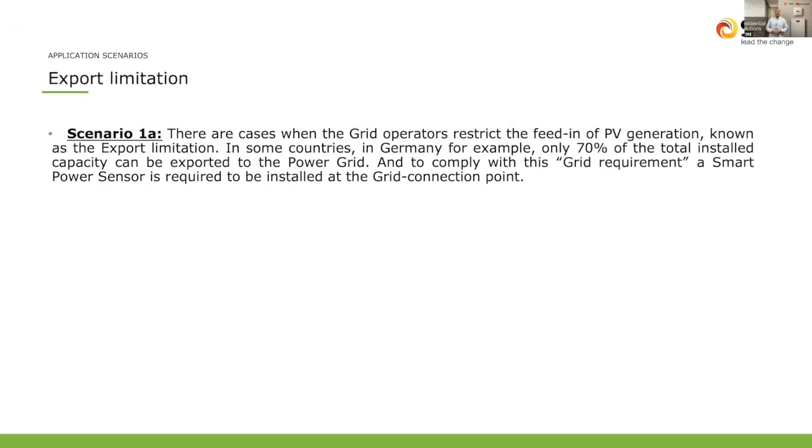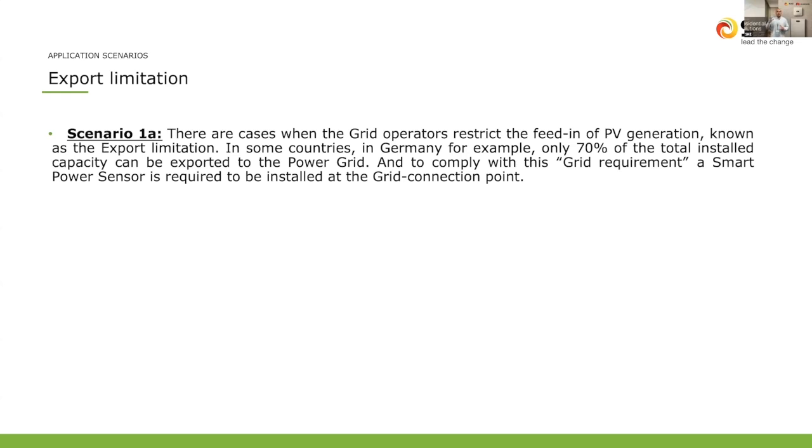The export limitation is a subsequent application scenario for this type of photovoltaic system, including the energy management or power adjustments. We can recall some countries, for example Germany, where the grid operator makes a requirement of an export limitation up to 70% of the installed capacity in kilowatt peak.